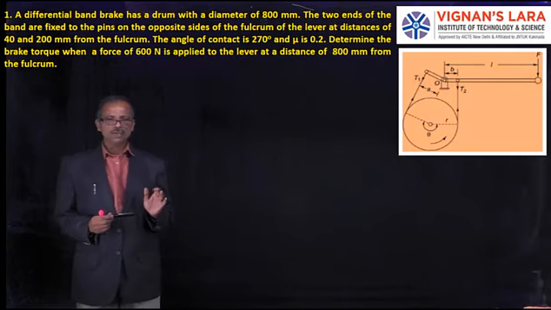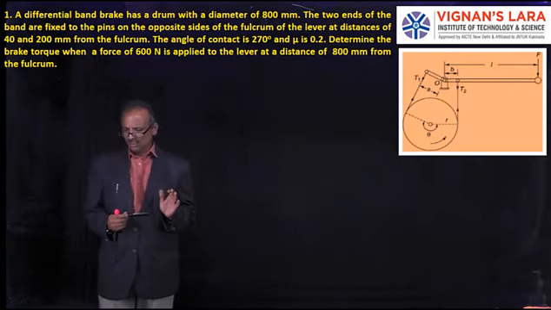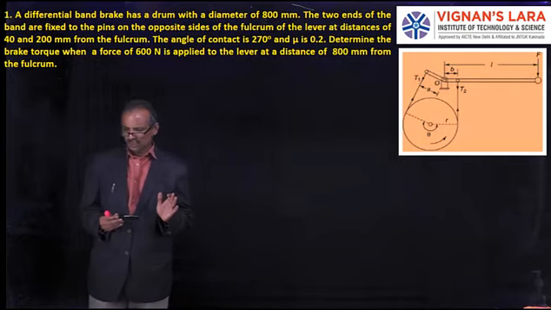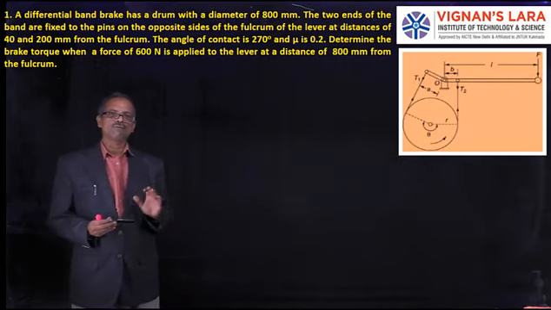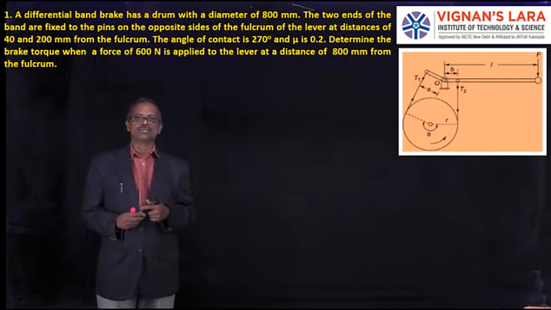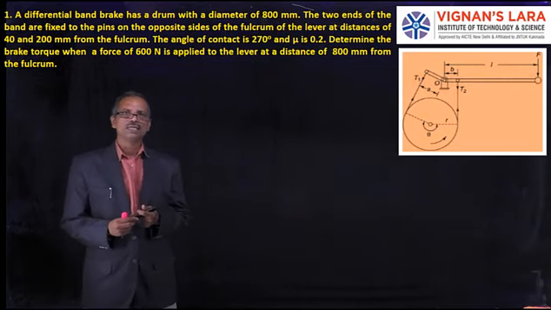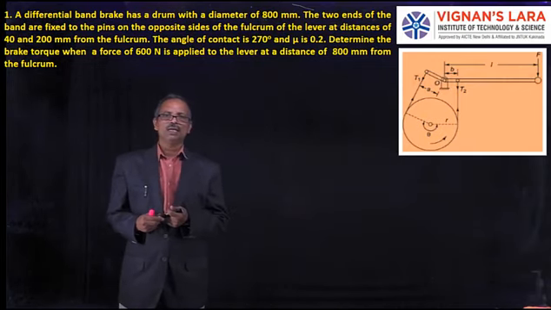And he has also not asked whether it is a clockwise rotation or counterclockwise rotation. We will do both clockwise as well as counterclockwise rotations. Let us see what is the data given and how to proceed.